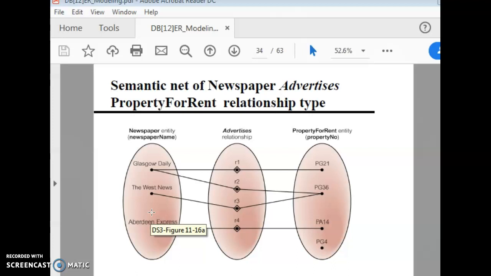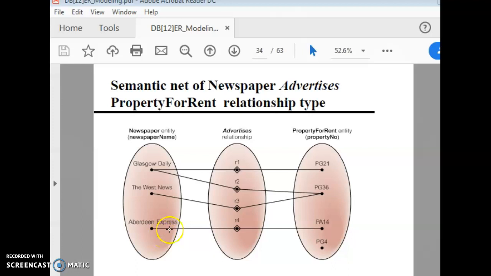We see that Glasgow Daily advertises property numbers PG21 and PG36. The West News also advertises property number PG36 and Aberdeen Express advertises property number PA14. However, property number PG4 is not advertised in any newspaper.